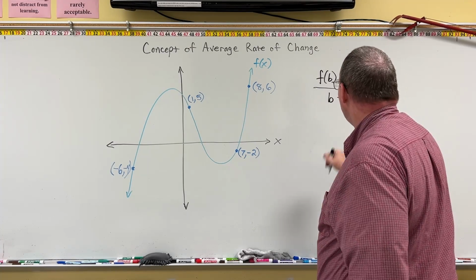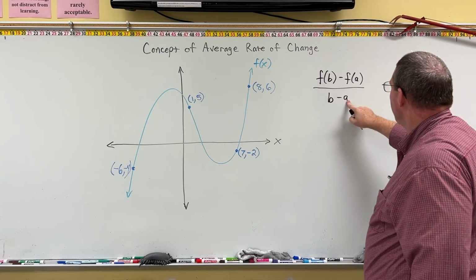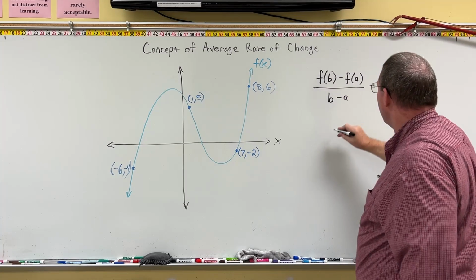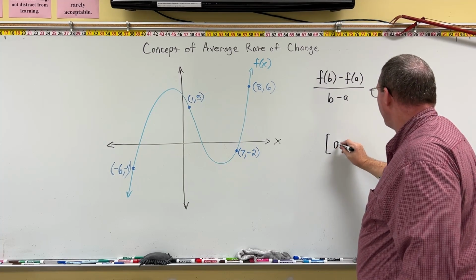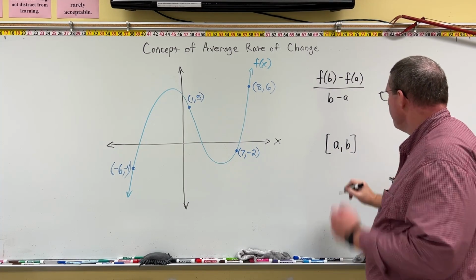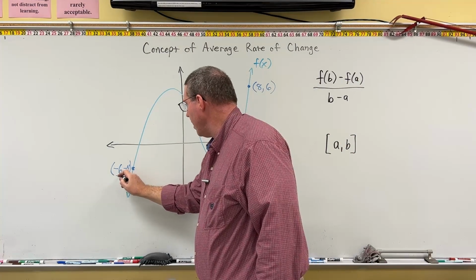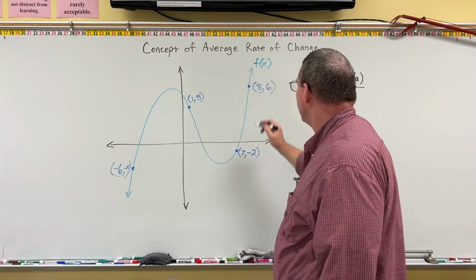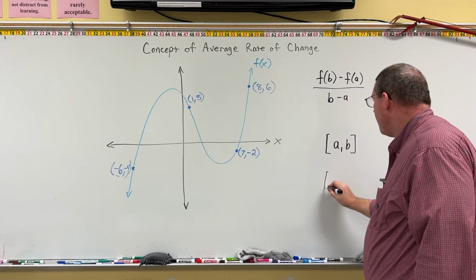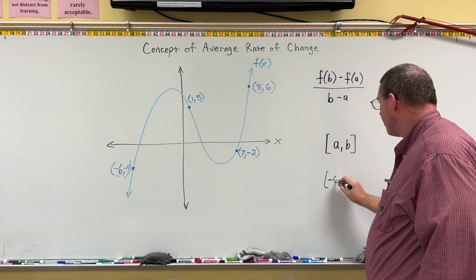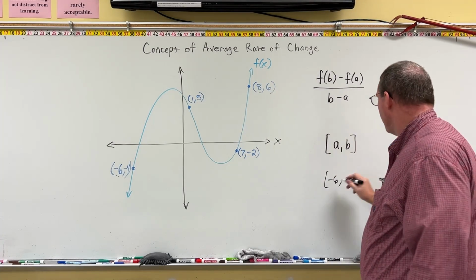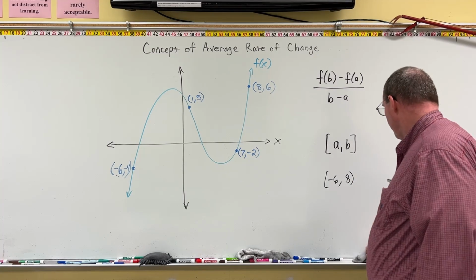Well, remember that b and a make up an interval, right? So the interval from a to b, okay? And here, our x values are -6 and 8. And that must mean that a must be -6 and b must be 8.